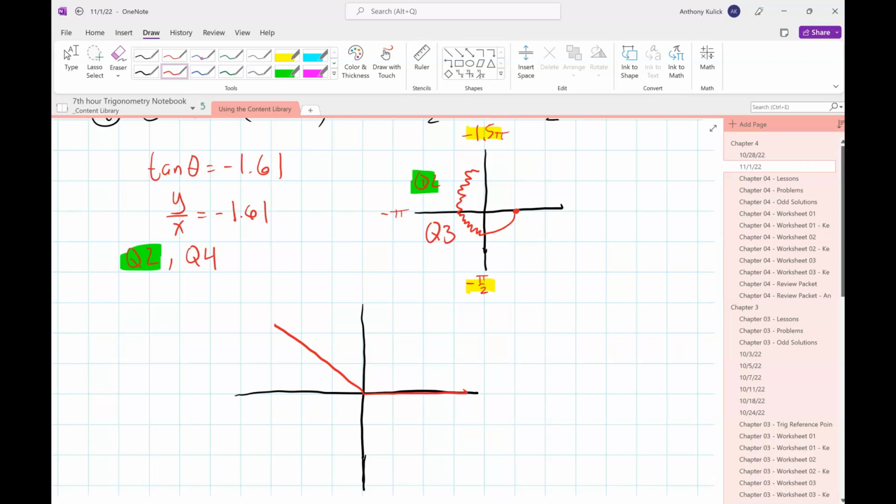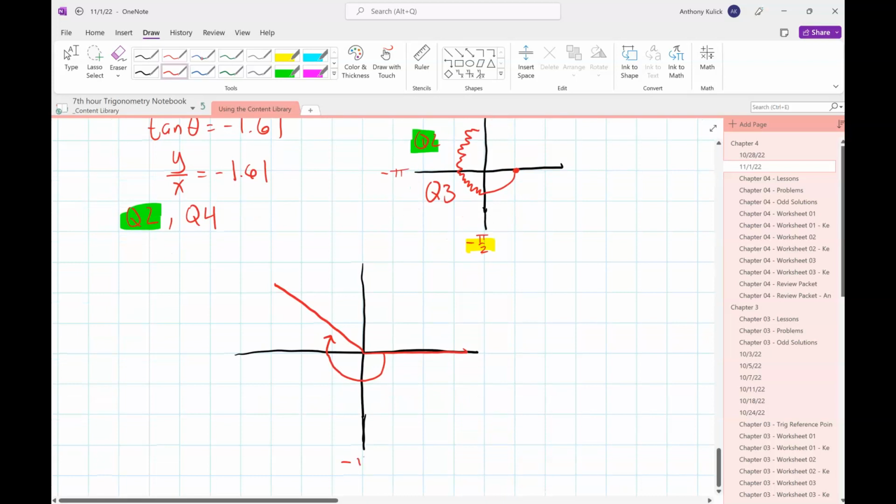Again, this answer is a negative answer, correct? Which way should I be rotating? Clockwise. So negative a half, negative 1, and then there's my answer. Everybody's okay with that?